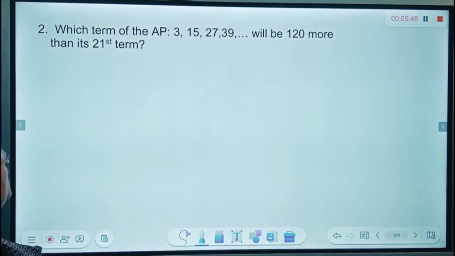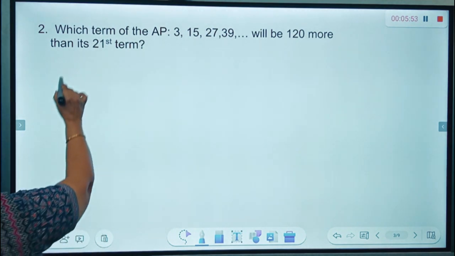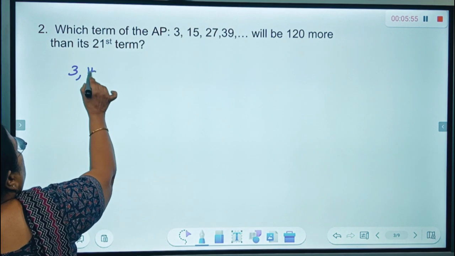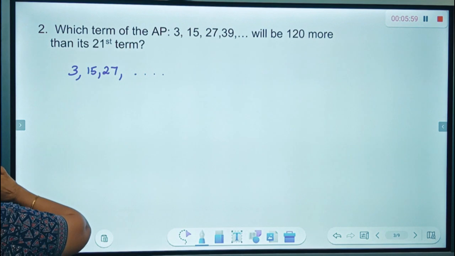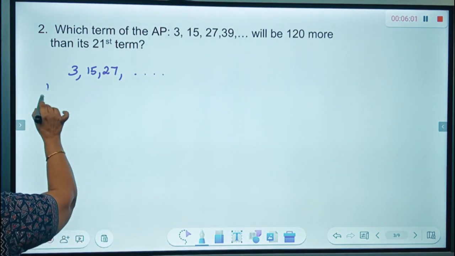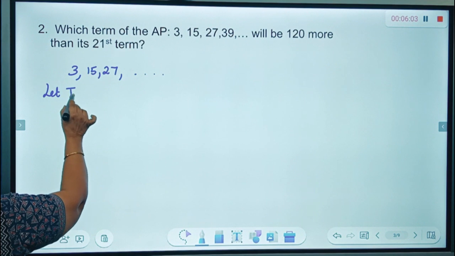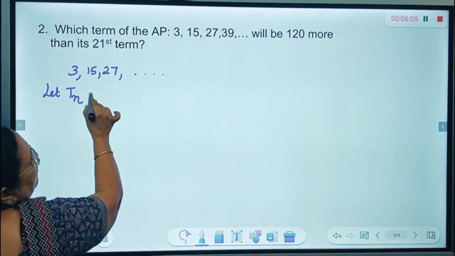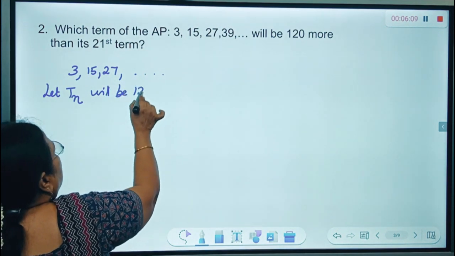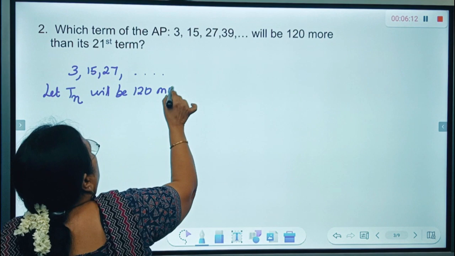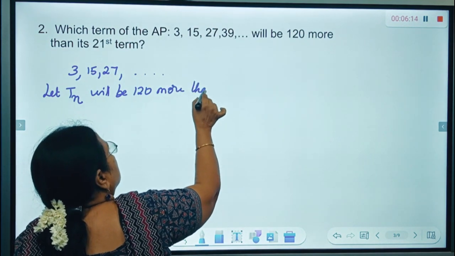Look at the next problem. Which term of the AP 3, 15, 27, etc. will be 120 more than the 21st term? So let us assume Tn will be 120 more than the 21st term.